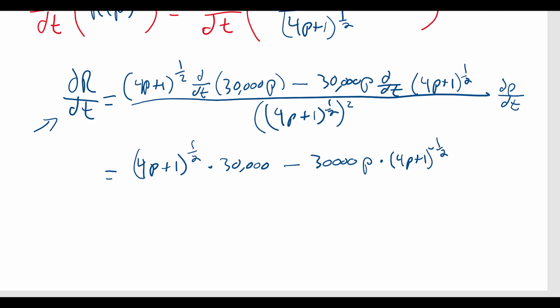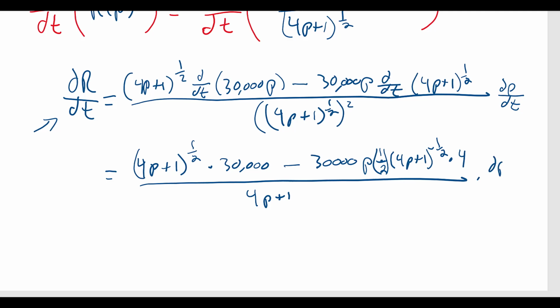Bring that 1/2 out front, so I'll do 1/2, times the derivative of 4p plus 1, which is just going to be 4. All over 4p plus 1. 1/2 times 2 is 1, so it's to the 1 power. And don't forget our dp dt.